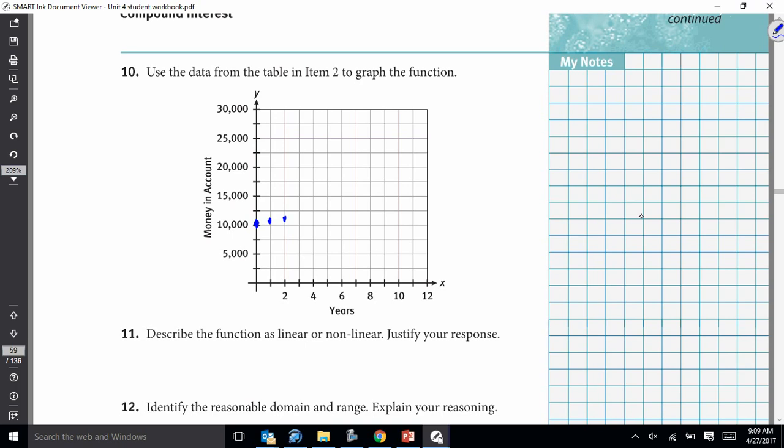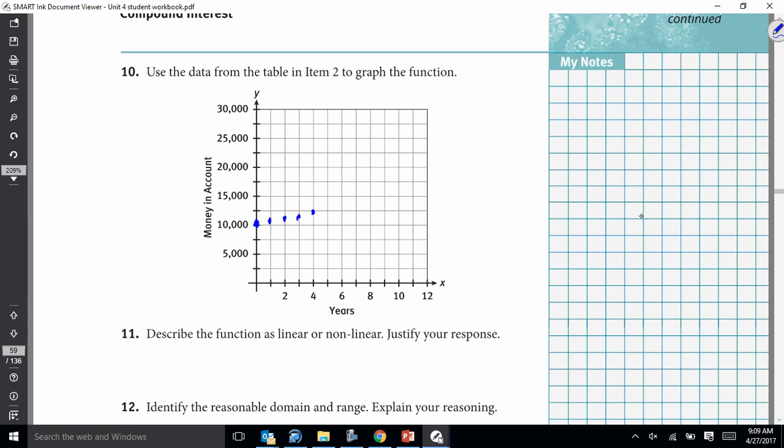And then after 3 years? 11,500. And 4 years? 12,164.